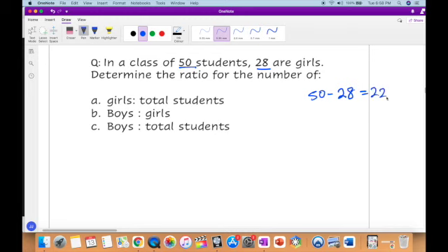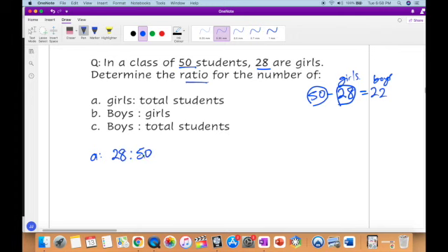So that means that I have 22 boys and 28 girls, right? Determine the ratio for the number of girls to total students. So I see I have 28 girls with a total of 50 students. So A will be 28 to 50.